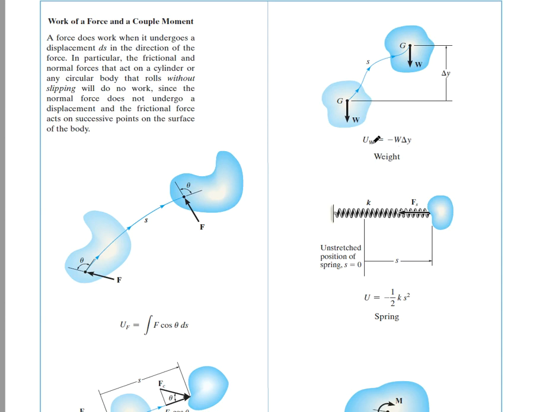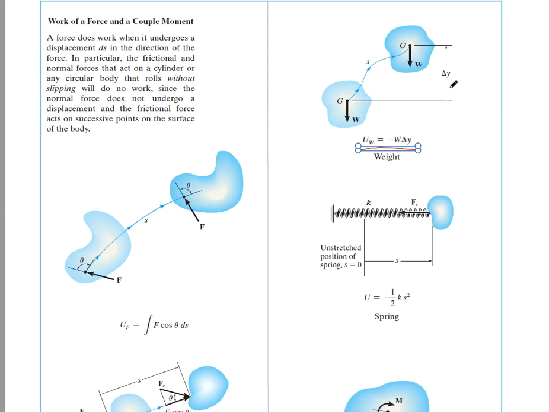And the work of gravity is positive if you work with W. If you work against W, the work is negative. So going from a high elevation to a lower elevation, the work of gravity would be positive.